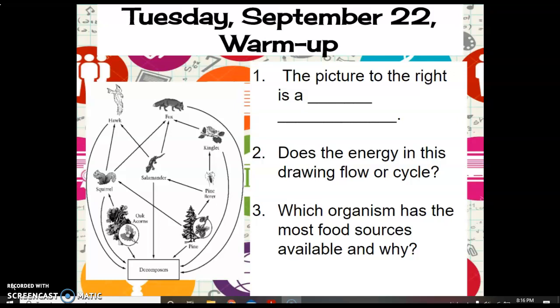Some people may think that it cycles because it's round in nature, it looks like the energy goes from the fox to the decomposer and then maybe goes back around to the hawk. But that's not the case at all. All energy starts with the sun and it makes its way into producers, then first, second, and third level consumers.